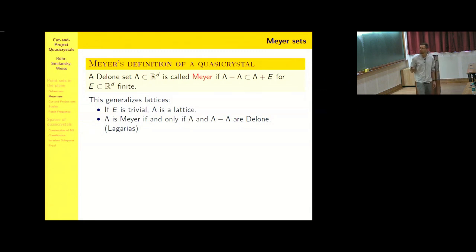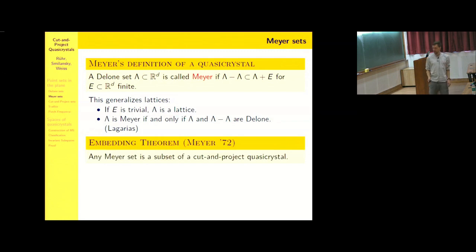Lagarias proved that a Delone set is Meyer if and only if also the difference set is Delone. This is a weaker assumption on the set, but it turns out it has to actually be of this form.